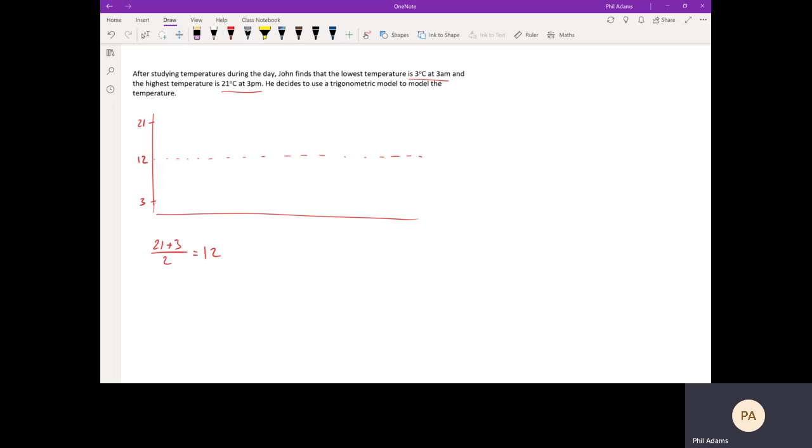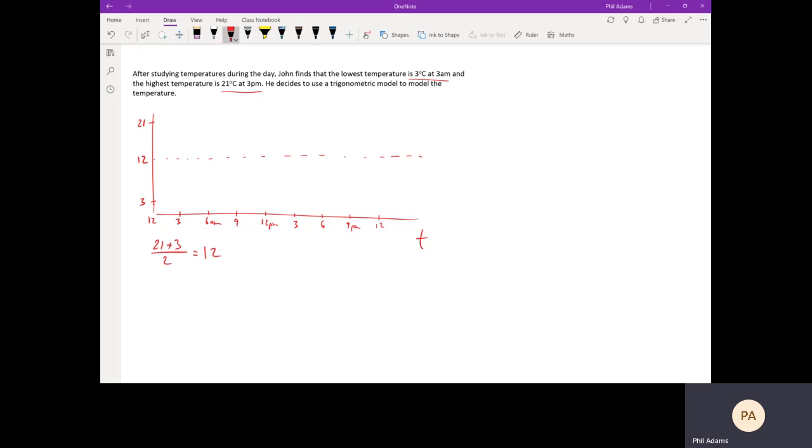Then what we do is we start looking at our scales. Now we're using t as the number of hours after midnight. So I'm just going to go through and say, well, if that's midnight there, then that'll be 3 a.m., 6 a.m., 9, there's midday. Oops, I should label these. That's midday. 3 p.m., 6 p.m., 9 p.m., and then midnight.